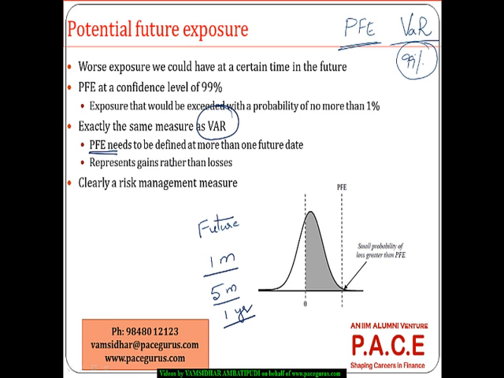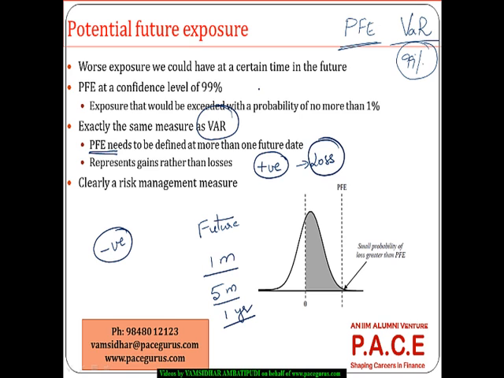And the other difference is, we are trying to measure the positives. The positive netted amount is what we are calling exposure. Whereas in case of VAR, the losses are what we are trying to look at. That's again a difference. Actually this is a gain, but I'm not getting it; that's where I'm converting it into a loss. Potential future exposure is more to do with a gain.